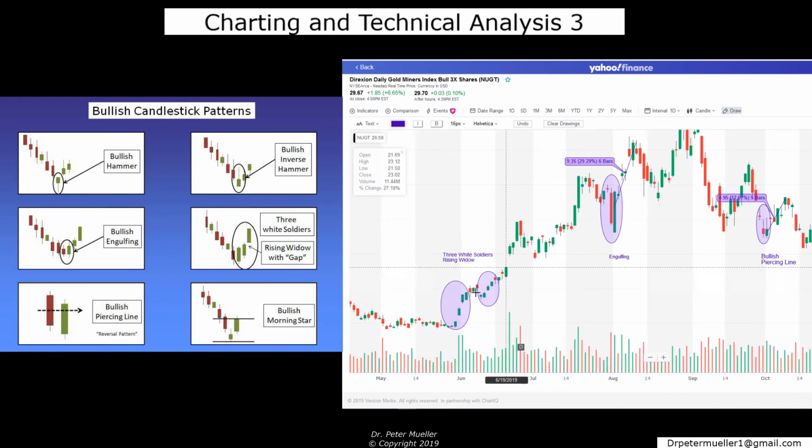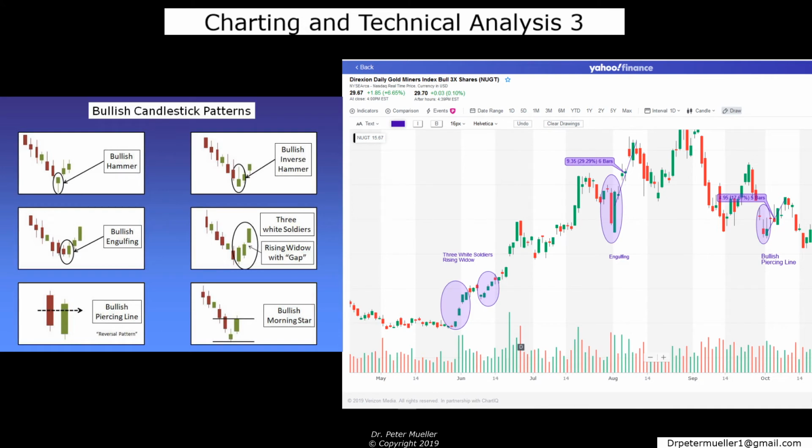Then here is an example of three white soldiers, and it has even two gaps, which is a rising widow pattern. And you have another three white soldier pattern right next to it.